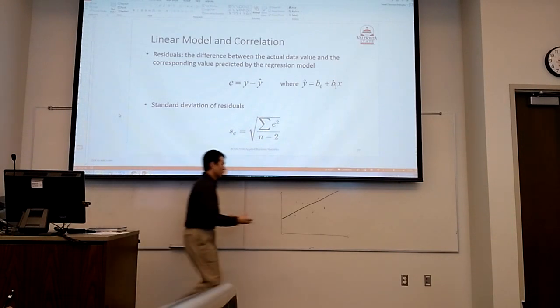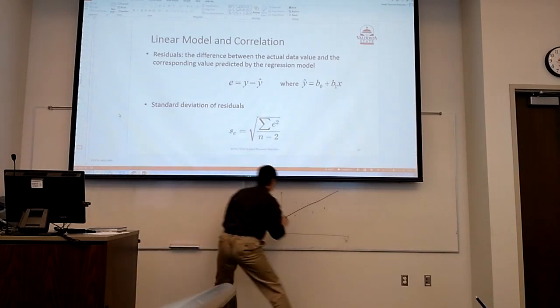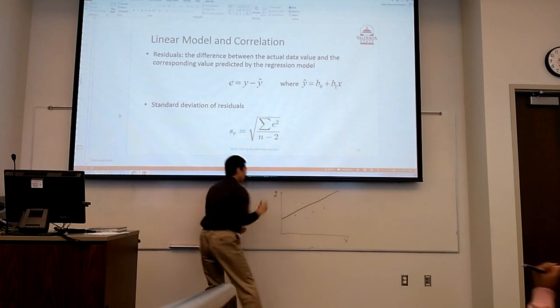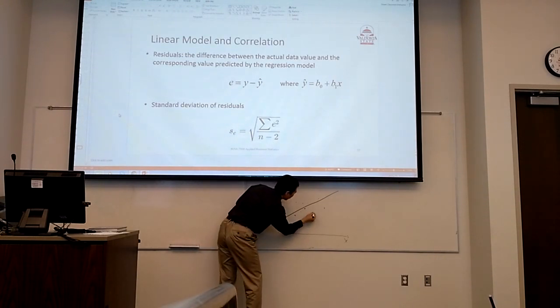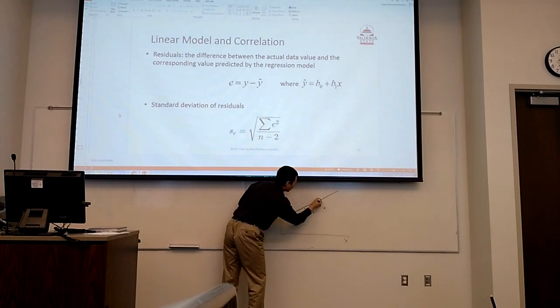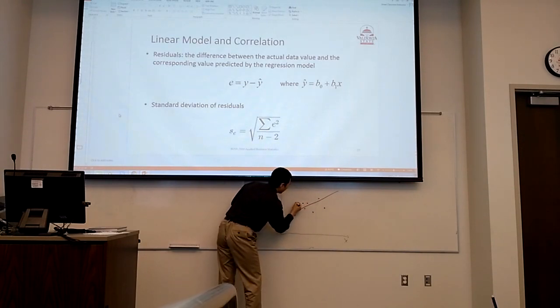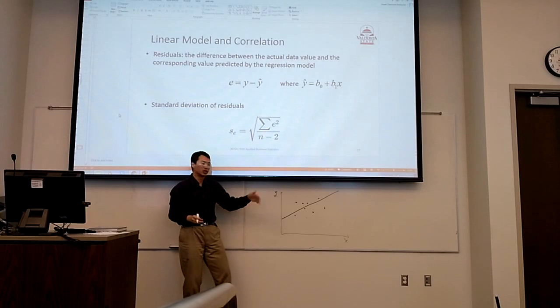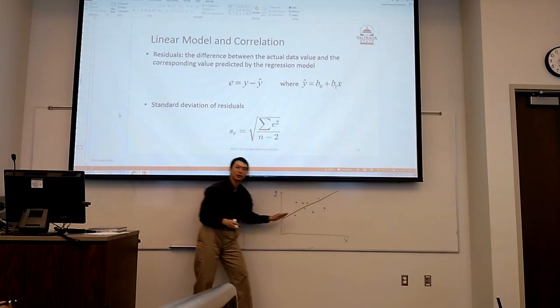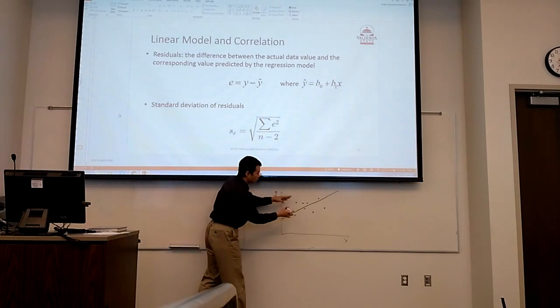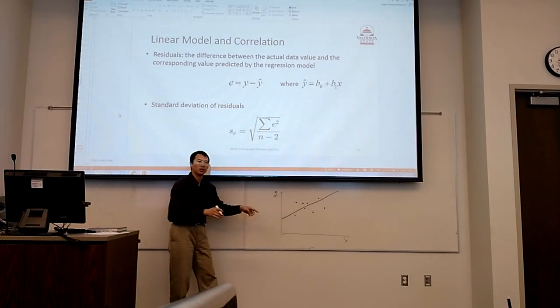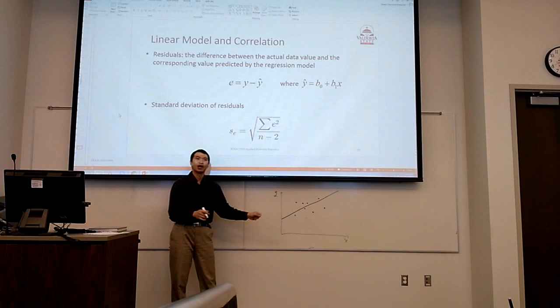So this is x, and this is your y. We have a lot of data points. We use those data points to do a regression. Then we have this line. But the problem is there are some differences between the estimated value and the actual data.